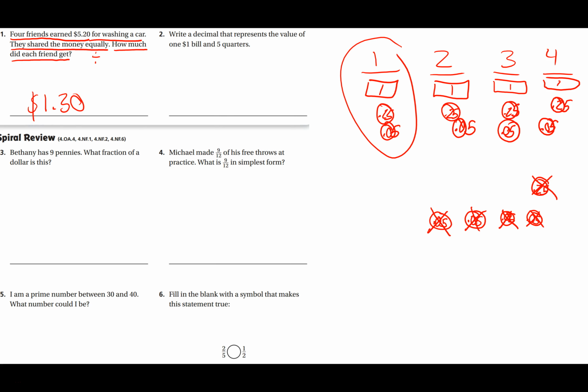Okay. Write a decimal that represents the value of 1 $1 bill and 5 quarters. Well, we know each quarter is worth 25 cents. And $1 is worth obviously 1 whole dollar.